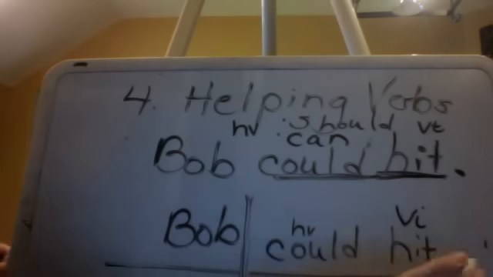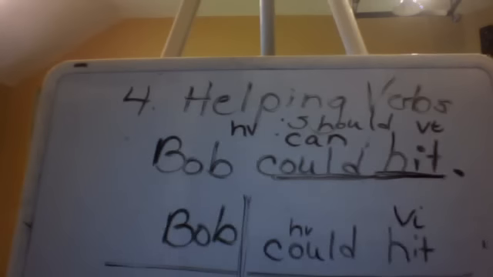It's Bob could hit, period. So for further help on the types of verbs, you should go to the workbook, Our Mother Tongue, and it does a very good job of explaining and also providing some supplementary exercises if you need those.